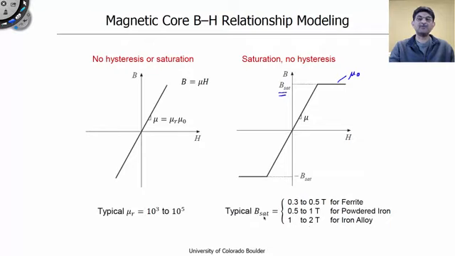The value of saturation flux density B sat ranges between 0.3 Tesla and 2 Tesla for the magnetic materials commonly employed in power converters. Magnetic cores made from iron alloys such as silicon steel have the higher saturation flux densities. On the other hand, ferrites, which are used in high switching frequency power converters, have the lowest saturation flux density.